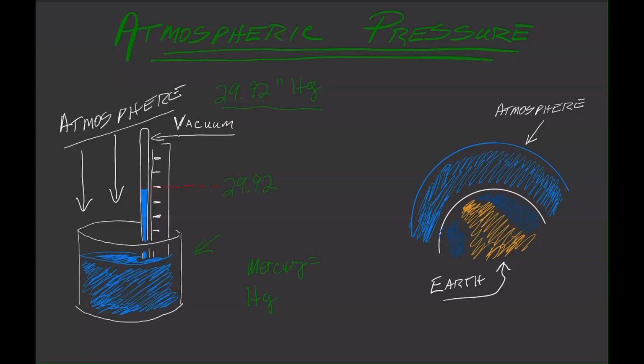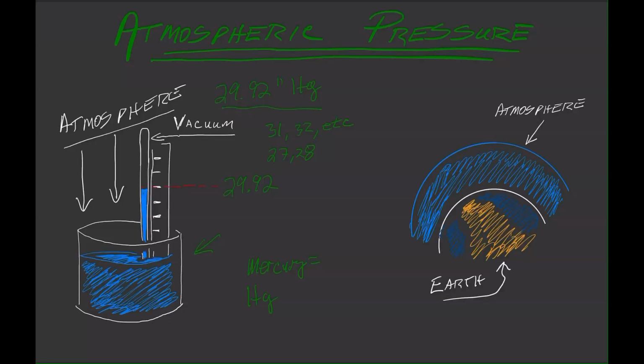If the pressure gets higher, it could be 31, 32, etc. If the pressure gets lower, it could be 27, 28, etc. So we can measure it in inches of mercury.